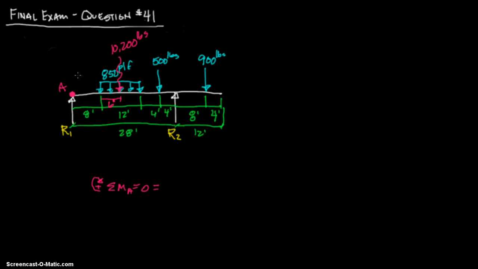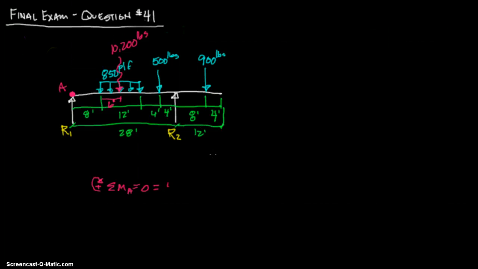So we start right here and we go right. Obviously R1 is 0 because it's R1 times 0 feet equals 0. You can write that in if it helps you understand what we're doing here. And then the next one we come to is this equivalent load of the distributed load, and that's going to be positive because it's going to create a moment going this way.